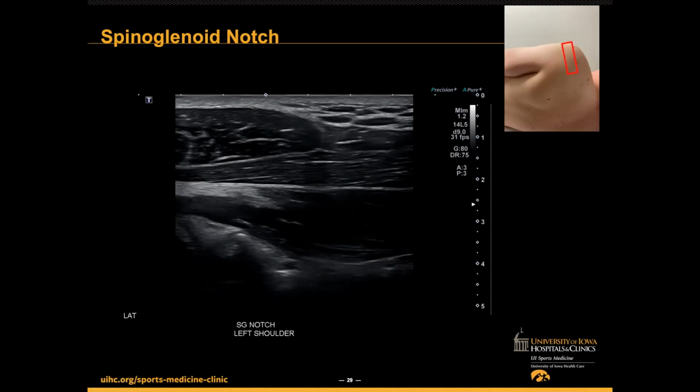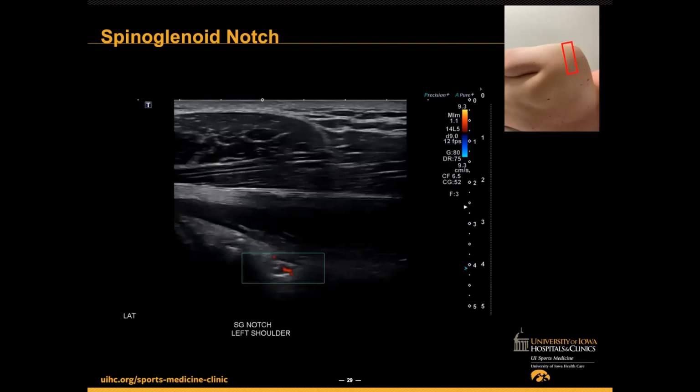There's usually vasculature that lives in this area, which can fool you. So you can either put Doppler on and confirm that the hypoechoic circular thing that you're looking at is actually vasculature. You can also perform dynamic imaging, and if the vasculature engorges, it is in fact a vessel. If it stays the same size, then you're more concerned that this is actually a cyst. So the vasculature will get larger and smaller with dynamic imaging.